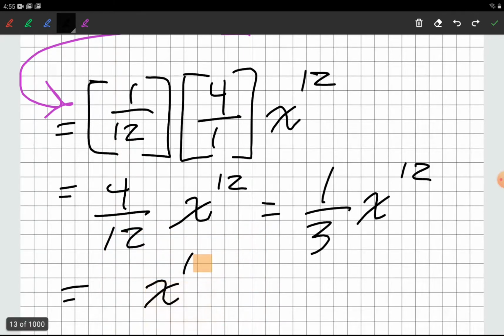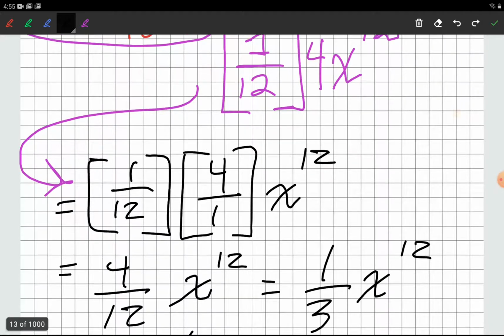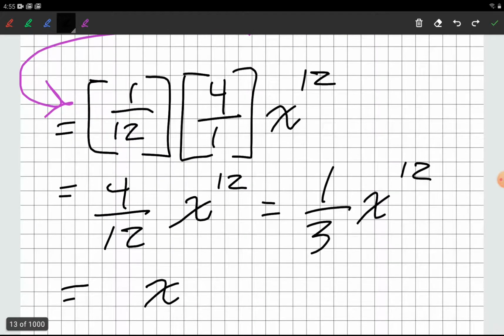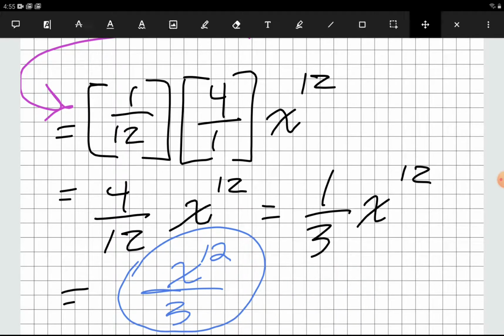It's actually hideous. You rewrite that. All right.